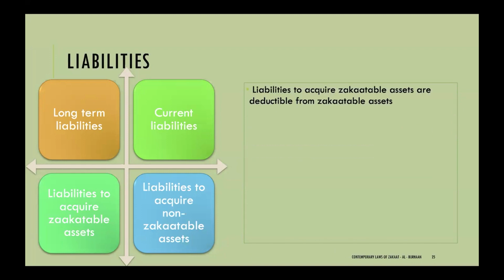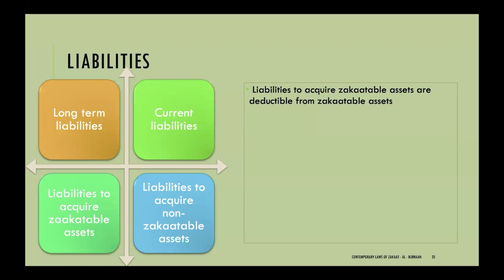Now, in principle, any liabilities that have been used to acquire zakatable assets will be deductible from the zakatable assets on your zakat date. So if you've got a liability for the purchase of inventory or trading stock, inventory is a zakatable asset.